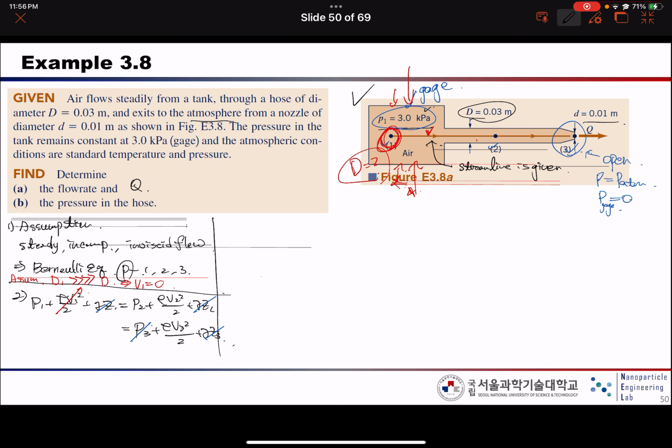So based on this information, the first equation we can write like this, and the second equation means this one.